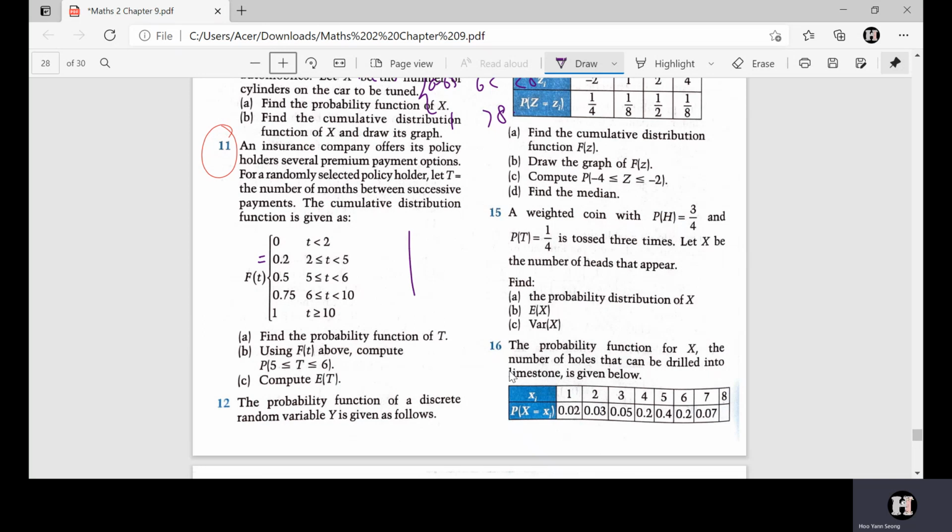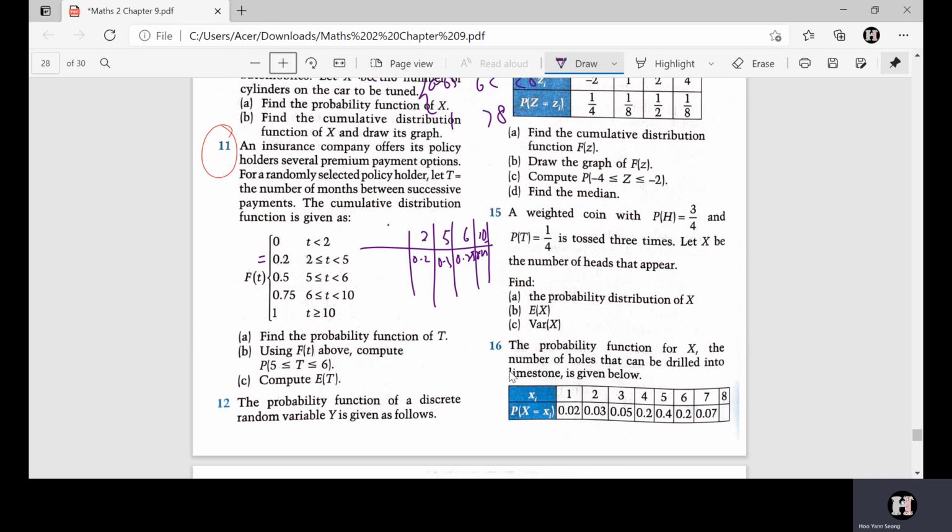First thing, if you want, you can build back the table. For me, building the table is easier. So greater than 10, that means the last number is 10, then 6, 5, 2. The difference for the last one is 0.25, then 0.25, then 0.3, 0.2.